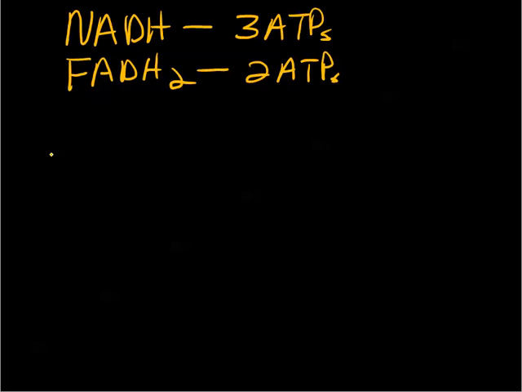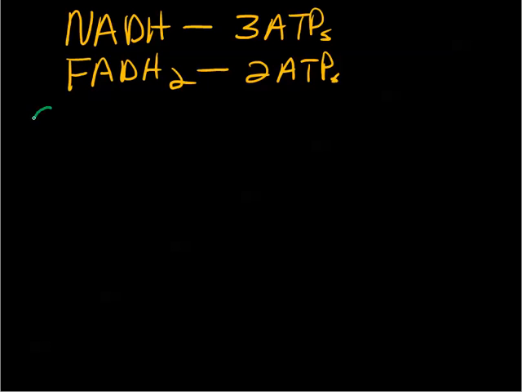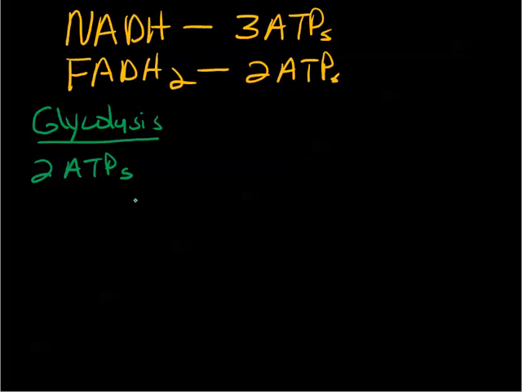Let's figure out how well we did. For glycolysis, we produced a net of 2 ATPs. But we also got 2 NADHs.